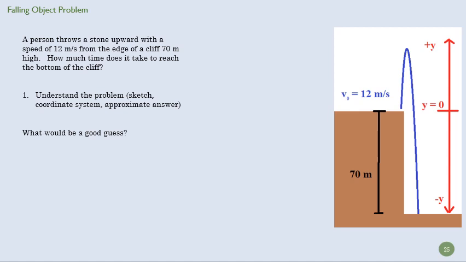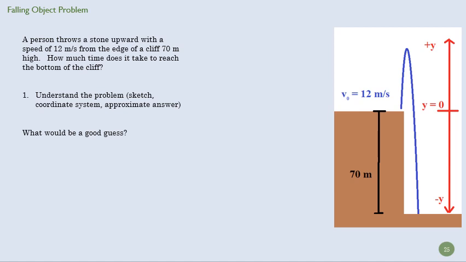And that's good. And then a good guess. We may not have a lot of experience with these problems, but 12 meters per second is not slow, but it's not super fast. So the stone's not going to travel more than maybe 20, 30 meters in the air maximum. And 70 meters is a pretty big length. It's not quite a football field, but it's getting there.